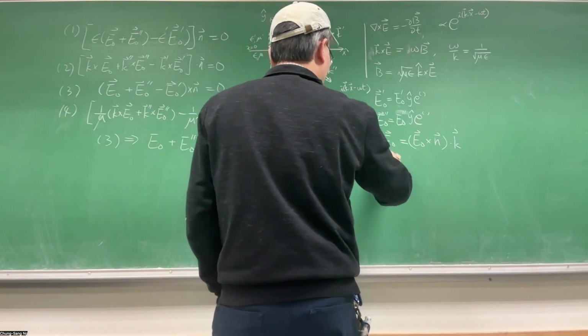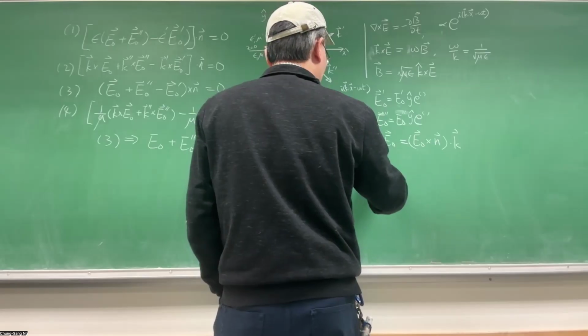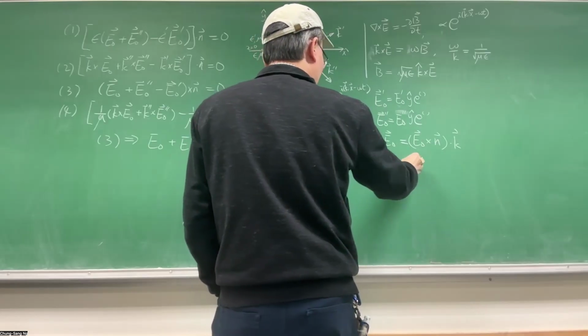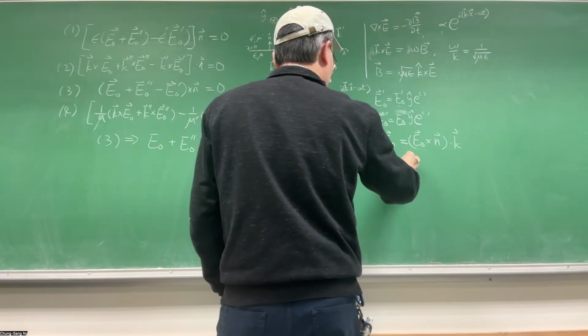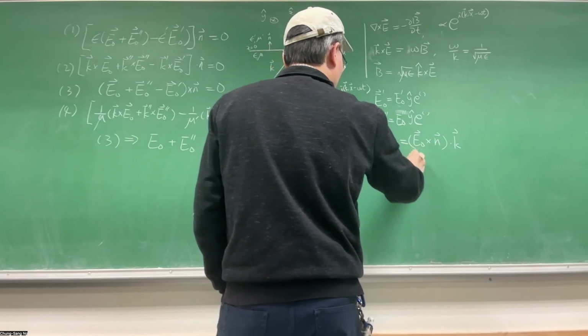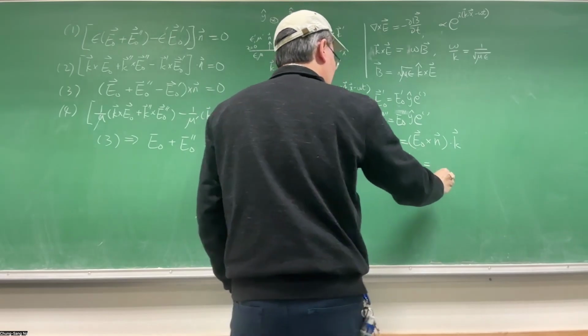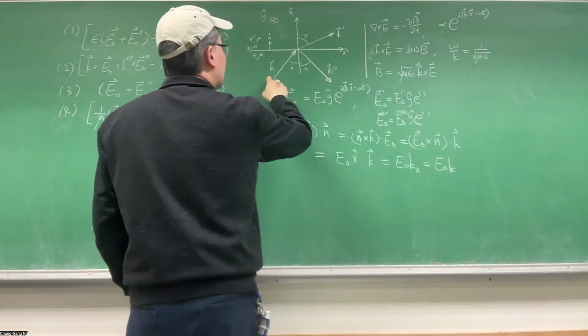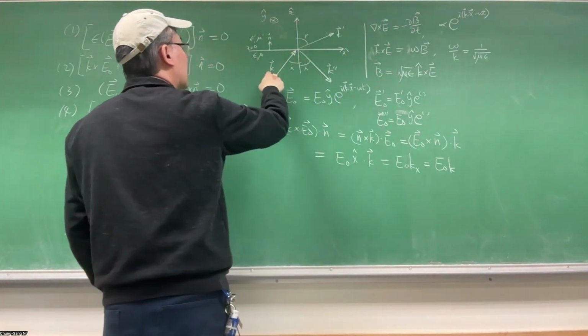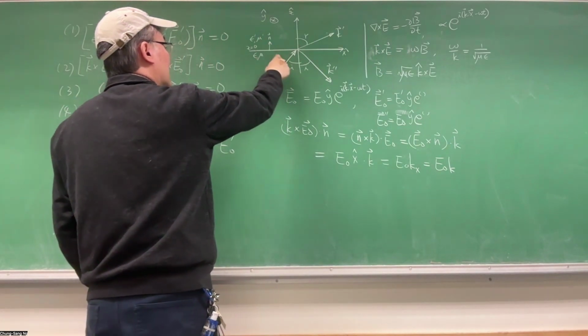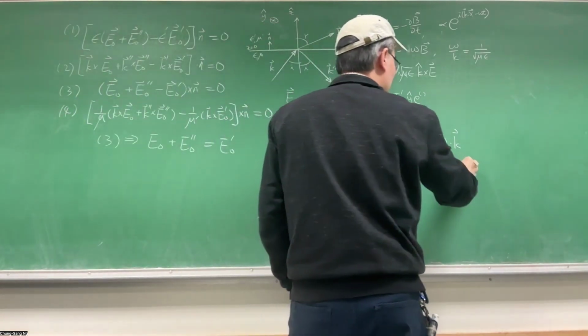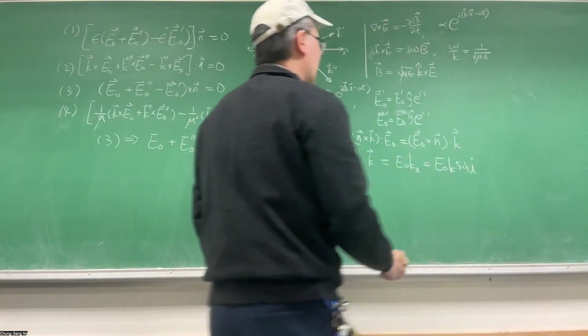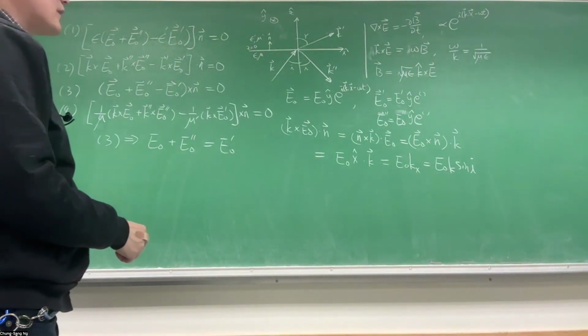So that basically picks up the x component of k, E0 k sub x, which equals E0 k. K in the x component, this angle is i, so it's sine. Okay, so basically we change to that.